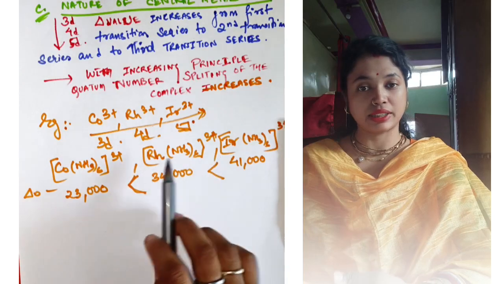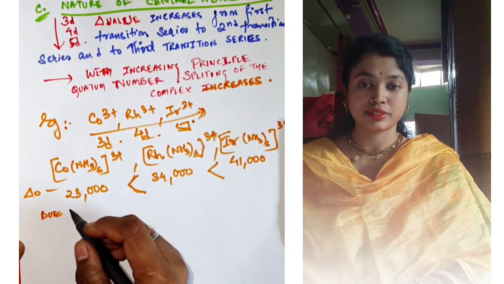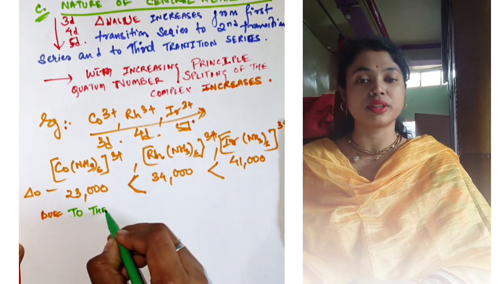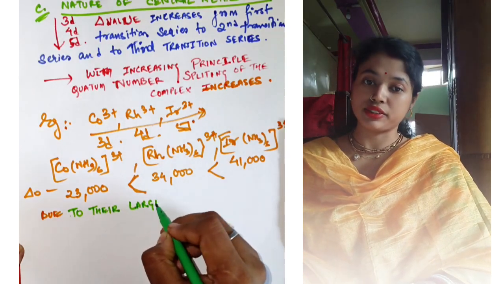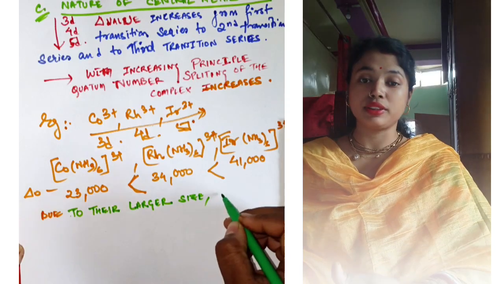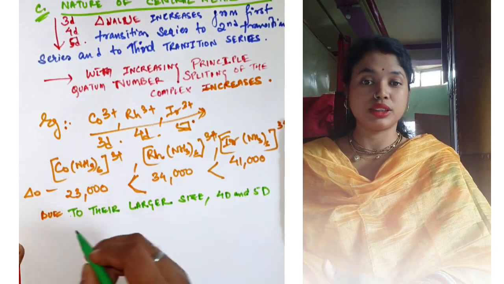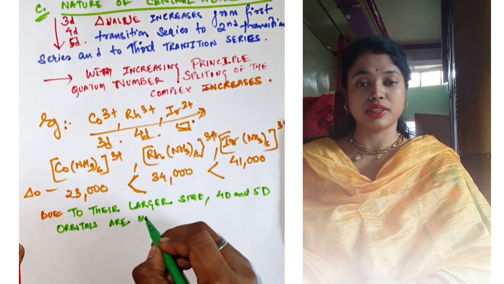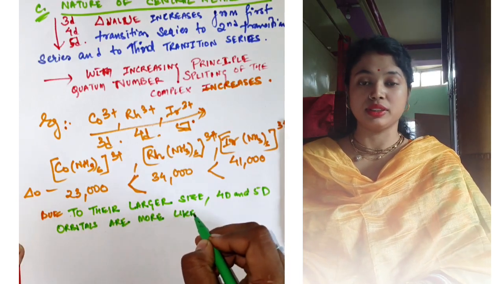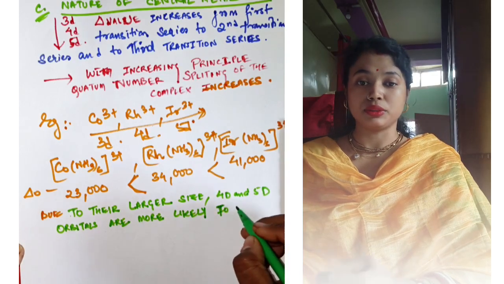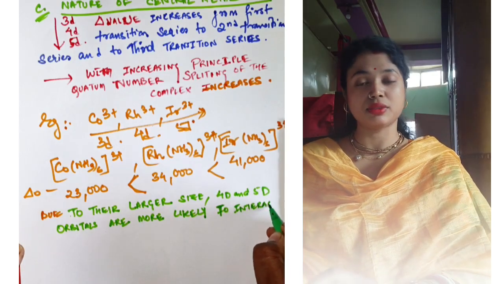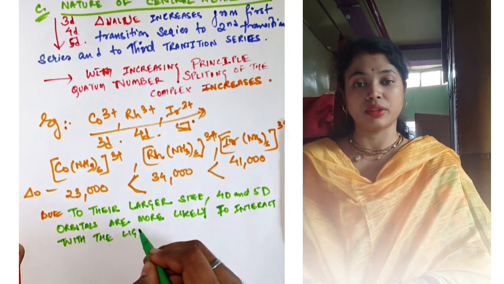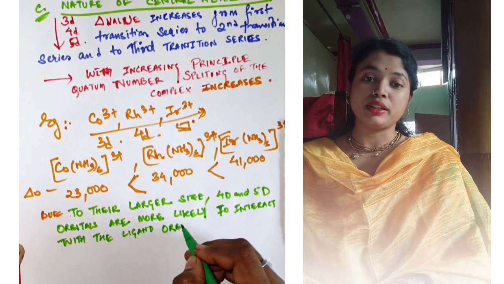Okay, going down the group, you can write it in the exam, like you can write in your copy: due to their larger size, 4d and 5d orbitals are more likely to interact with the ligand orbitals as we go down the group.